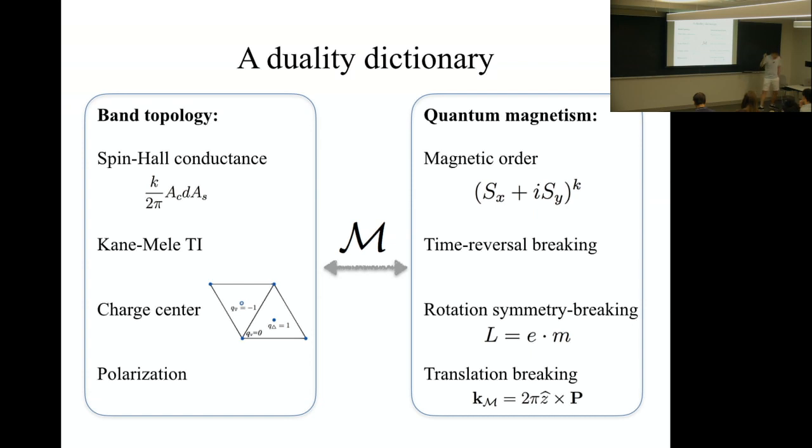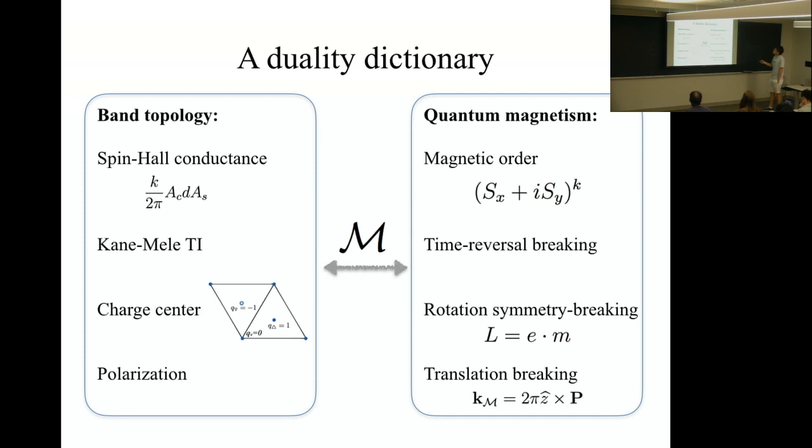Okay, so now you get something that looks like a duality dictionary. I'm not sure if I really want to call it a duality, but I have a dictionary, so maybe I have a duality. So the notion is, if I start with some free fermion band with some topological signature, now I couple it to a U(1) gauge field, and essentially view the fermions as my slave fermions or partons or spinons.